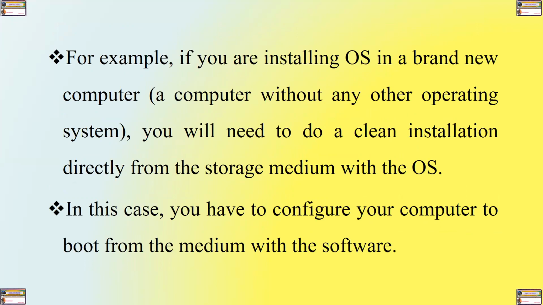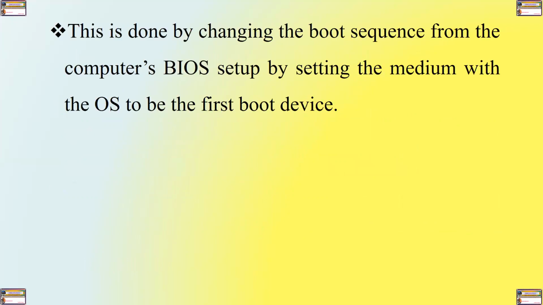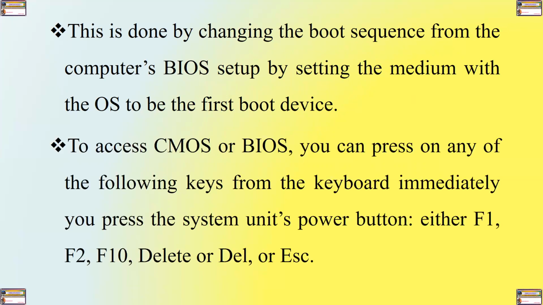In this case, you have to configure your computer to boot from the medium with the software. This is done by changing the boot sequence from the computer's BIOS setup by setting the medium with the operating system to be the first boot device.